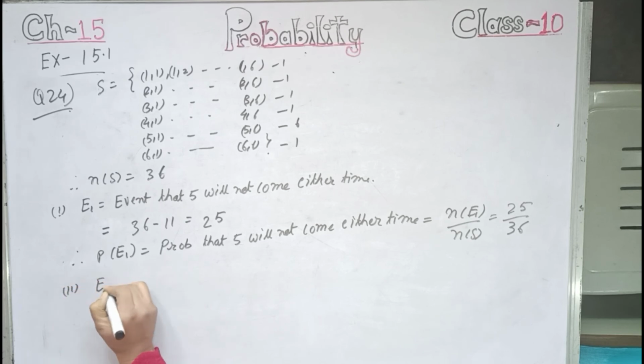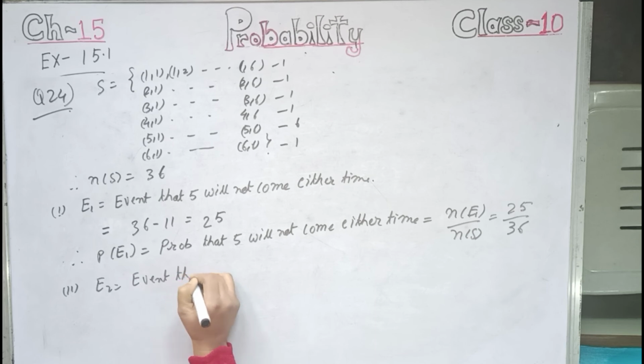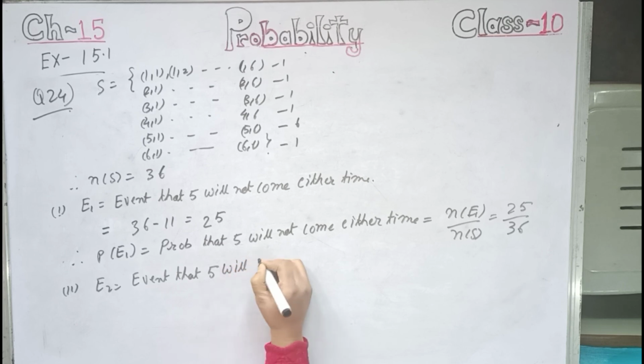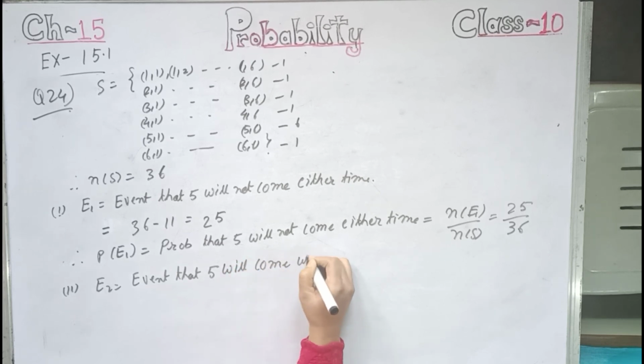Number 2, E2 equals the event that 5 will come up at least once.